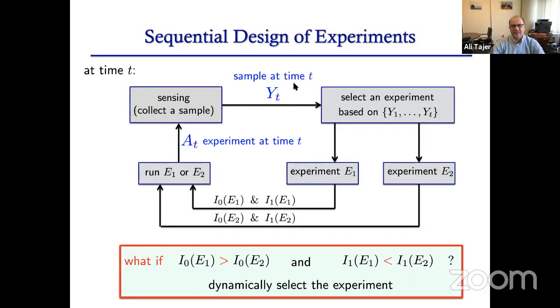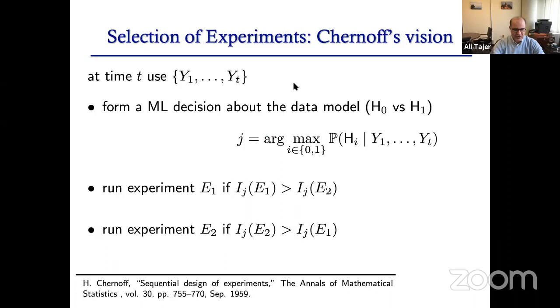Now, this is a problem that has a strong precedence in the statistics literature. In a pioneering work by Chernoff, the notion of sequential design of experiments was introduced in 1959. Chernoff proposes a very simple algorithm, which is very strong and optimal in many settings.